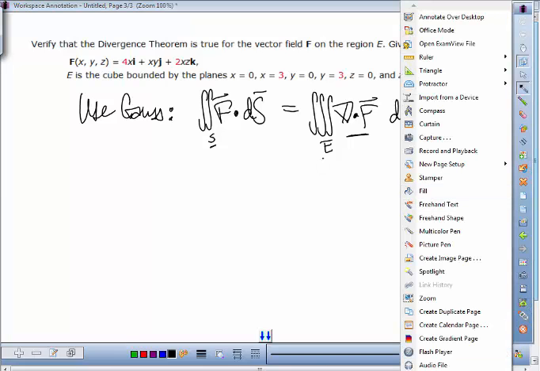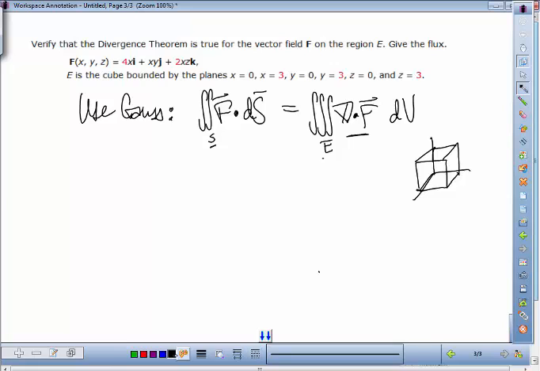So your solid E is a solid that can be easily described with 3 simple inequalities, which will end up being your limits for your triple integral.